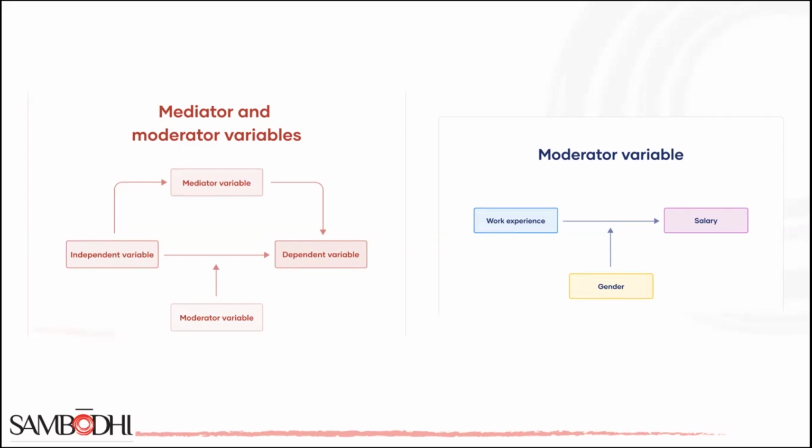To test this statistically, you perform a multiple regression analysis for the data on work experience and salary. With gender identity added in the model, you compare the statistical significance of the model with and without gender identity included to determine whether it moderates the relationship between work experience and salary.